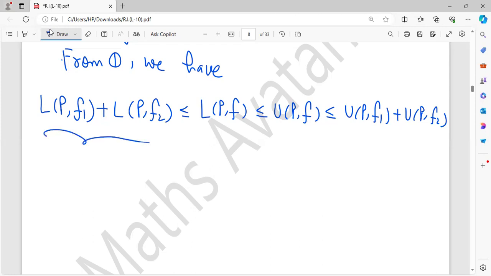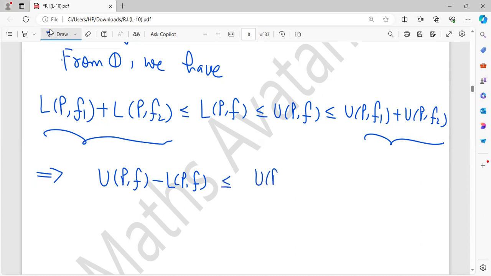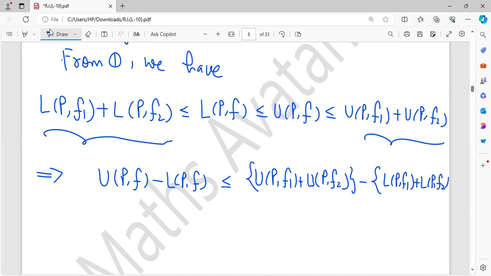Now this is less than this, and this is greater than this. So this implies the difference UPF minus LPF will be less than or equal to UPF1 plus UPF2 minus LPF1 plus LPF2.